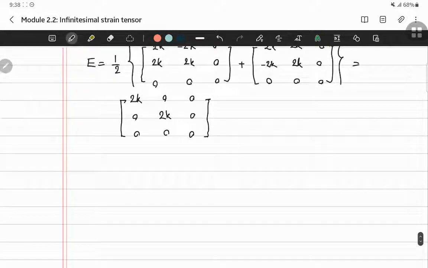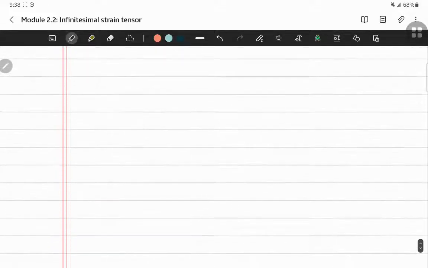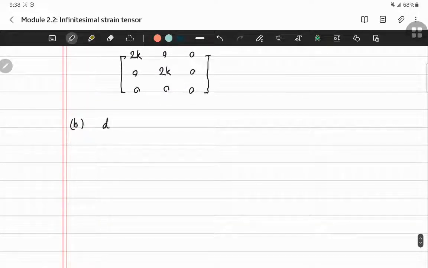All right, next it says that in part B, find the deformed position of dx1 and dx2. So if you recall, we have dx1 is equal to capital dX1 plus del u dx1.